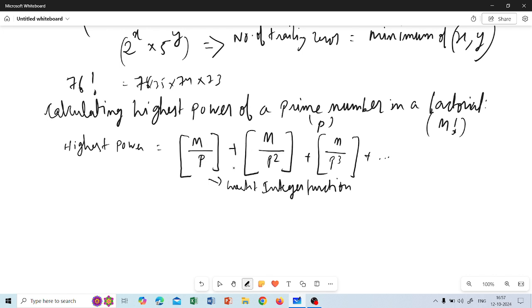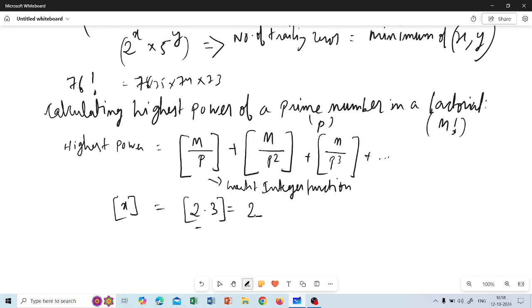So what is the greatest integer function? For example, if I take a number x, and I want to find the greatest integer function of, say, the number 2.3. You can see that 2 is the integer and 0.3 is the decimal part of it.